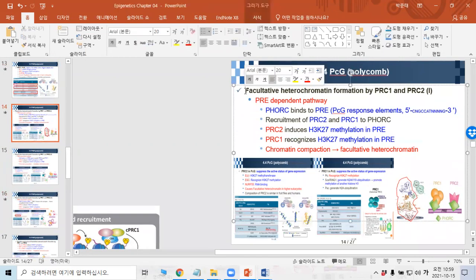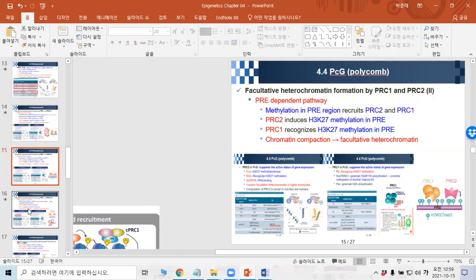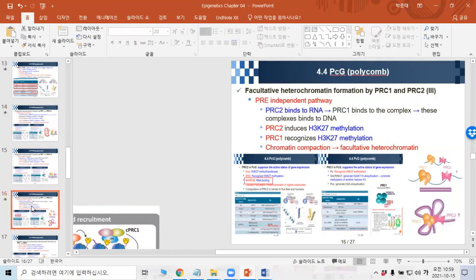There is some difference between facultative heterochromatin and constitutive heterochromatin, but PRC1 and PRC2 make the facultative heterochromatin. And there are 3 possible scenarios: PRC-dependent and also PRC-independent pathway.